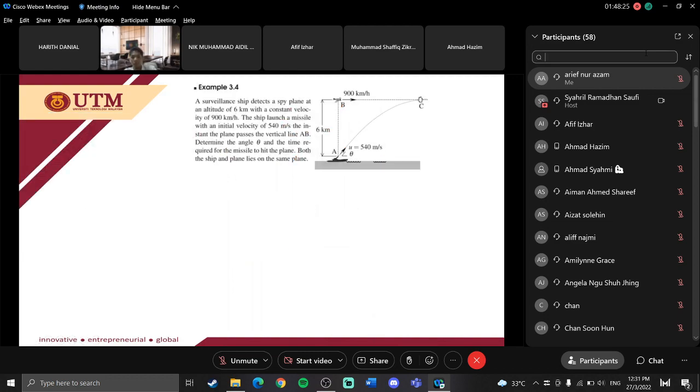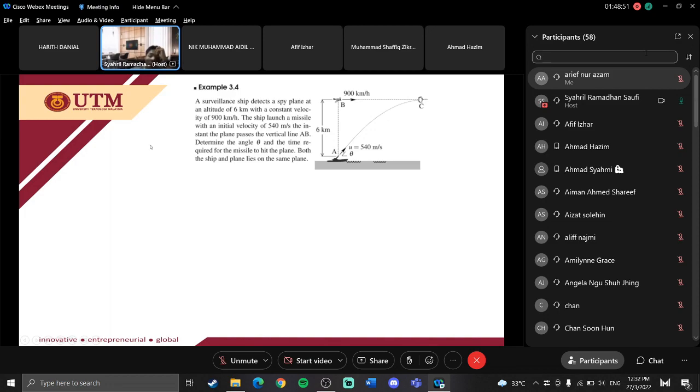Right, so this is example 3.4. Okay, so you have a civilian ship that detects a spy plane at an altitude of 6,000 meters, or 6 kilometers, with a constant velocity of 900 kilometers per hour.